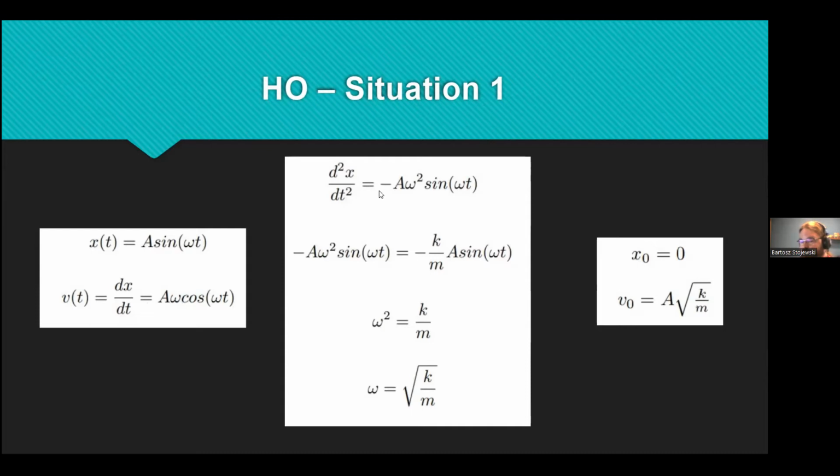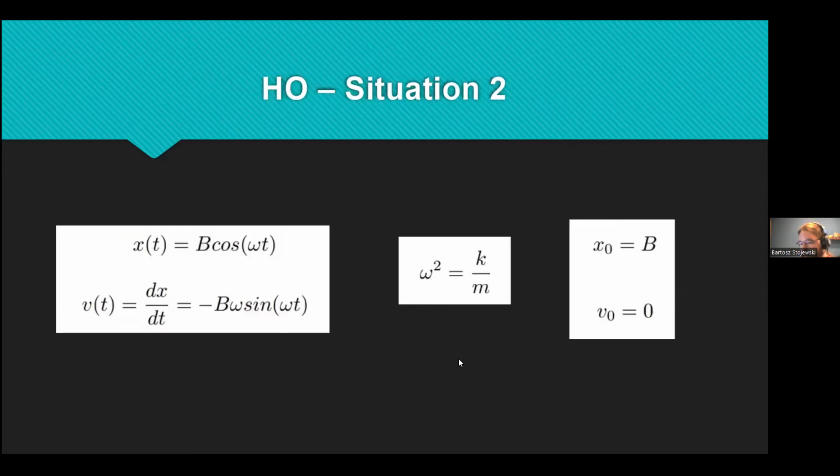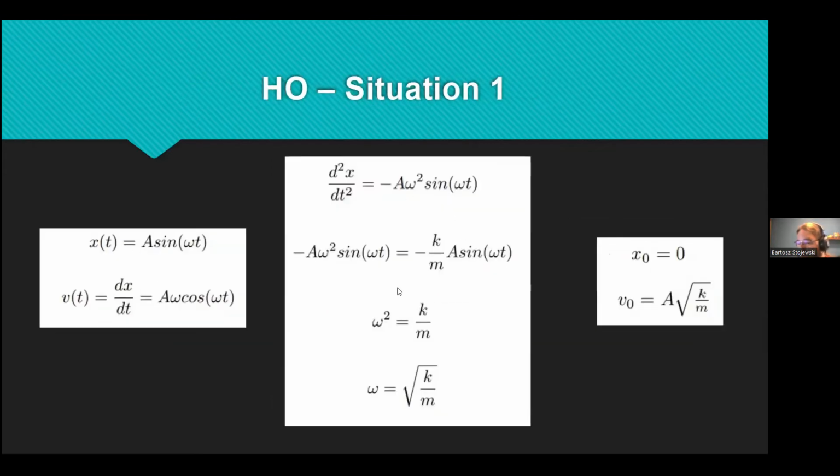Then we put those two equations to the equation shown here in the last line, and by solving that we can calculate omega, which is dependent on the constant k and the mass m. Then we can calculate initial position, which in this case is equal 0, and we can calculate starting velocity, which is shown here.